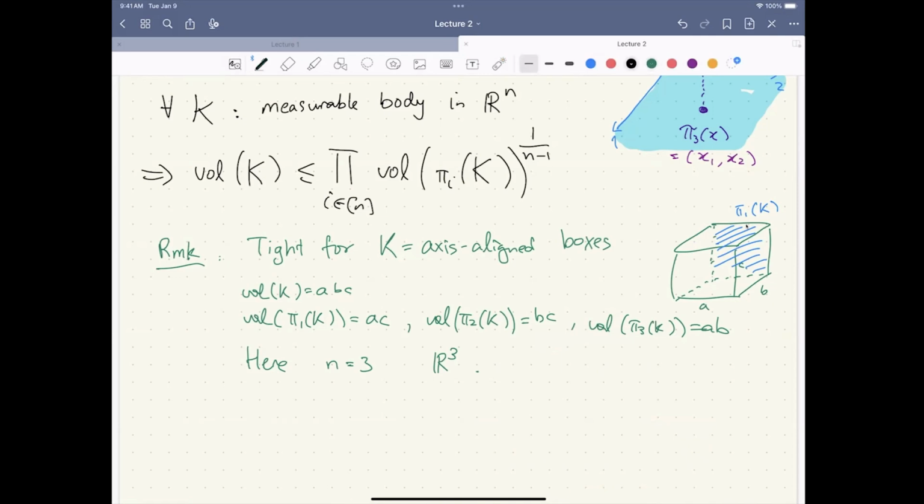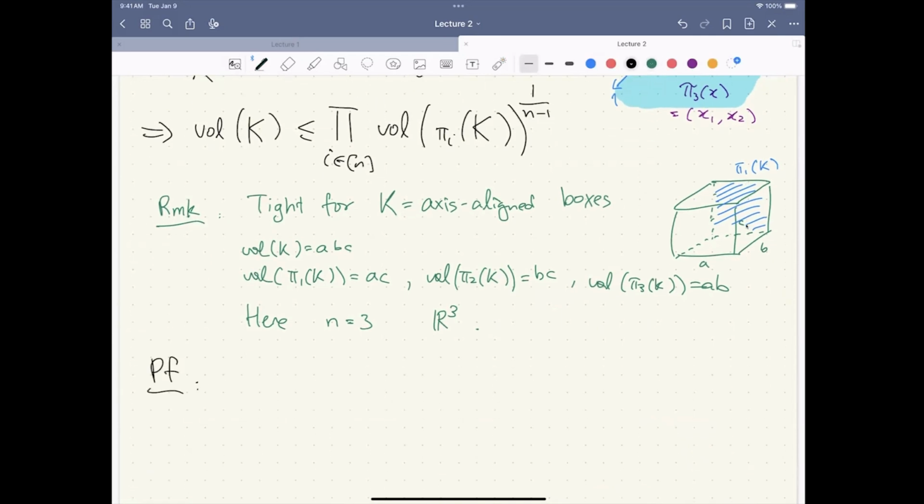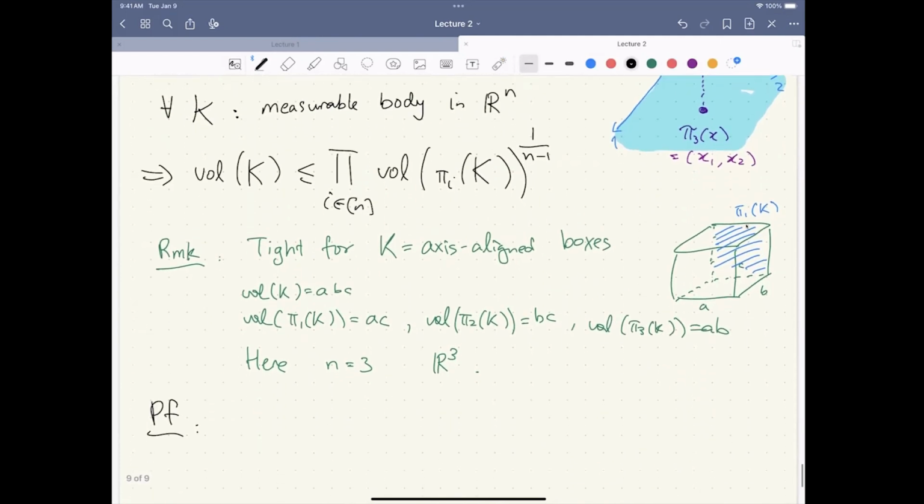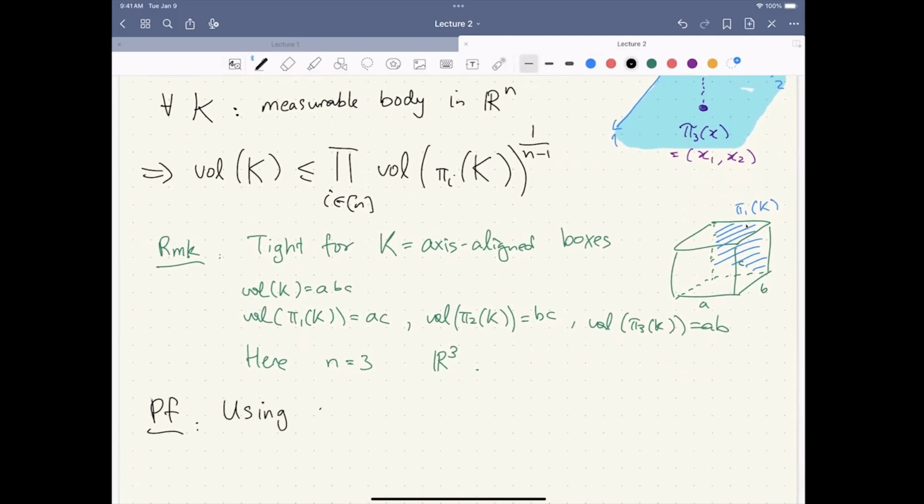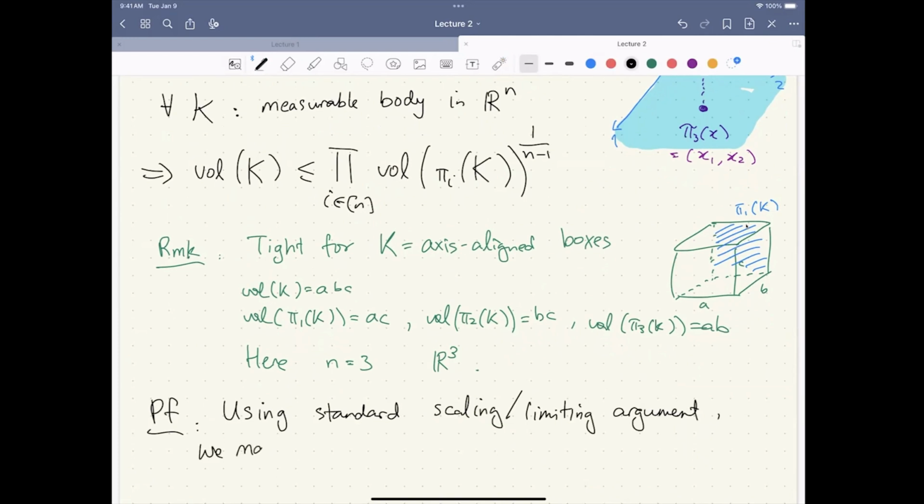With that being said, using a standard scaling and limiting argument, we may assume that K, the body we consider, is the union of axis-aligned unit boxes.